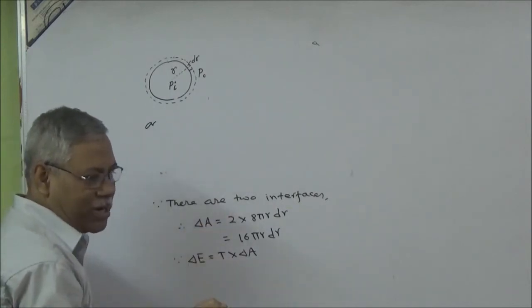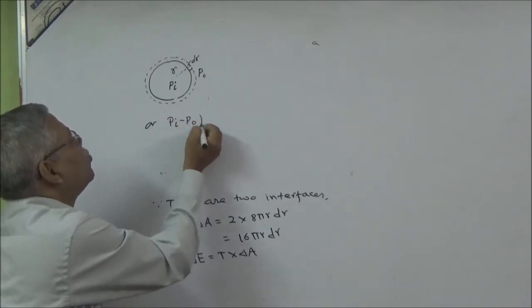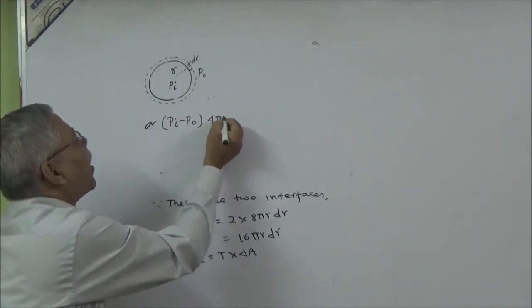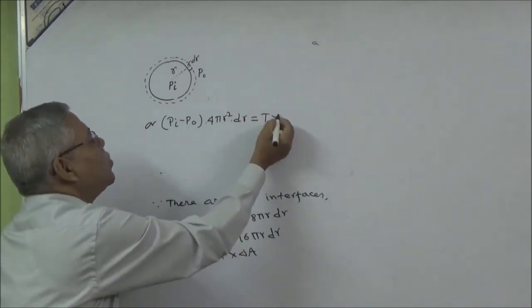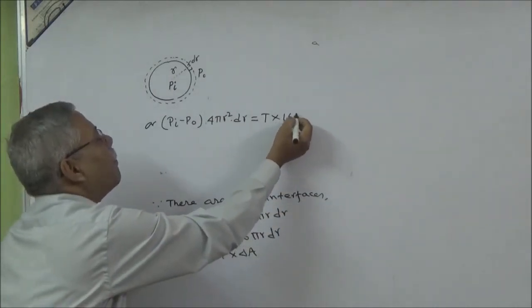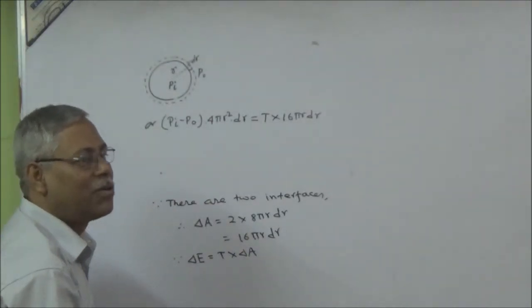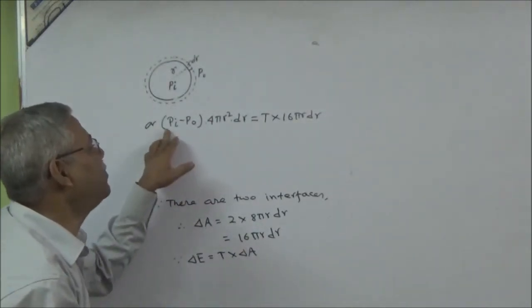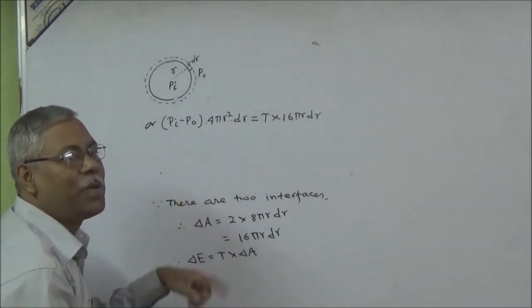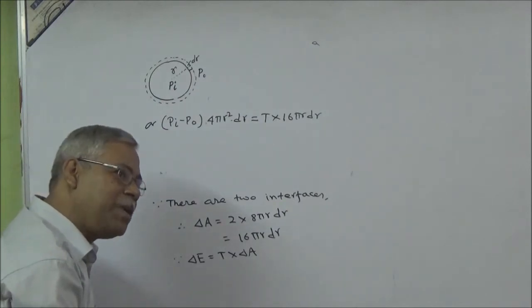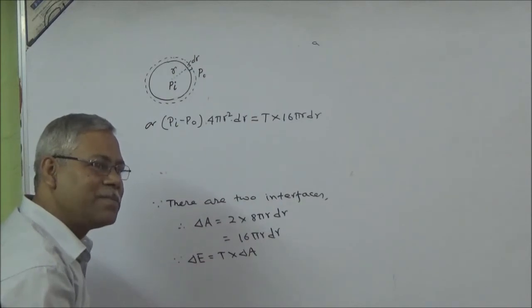Del E we have already calculated: (Pi minus Po) into 4 pi r square dr. This is equal to T into del A, 16 pi r dr. We will calculate Pi minus Po, and we know that Pi equal to Po plus PT. So if you can calculate Pi minus Po, from that you can calculate PT.